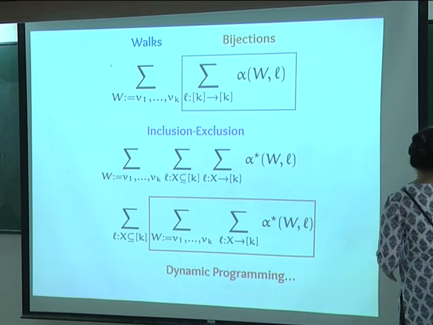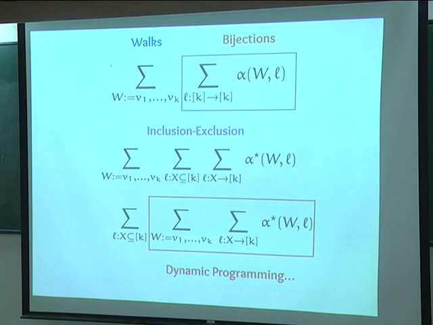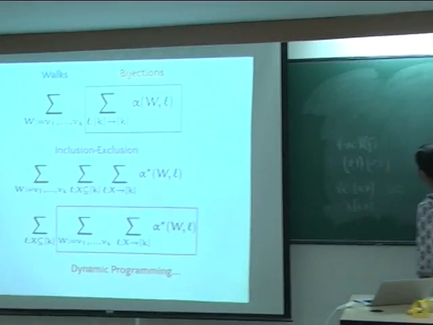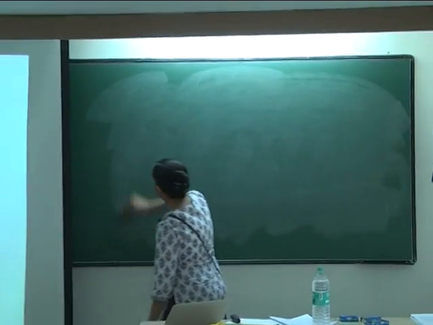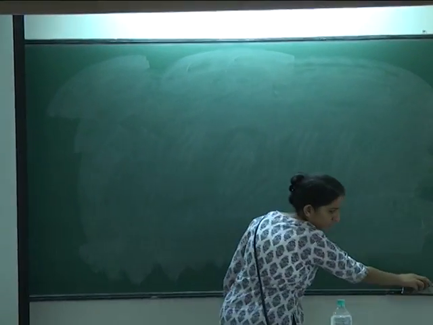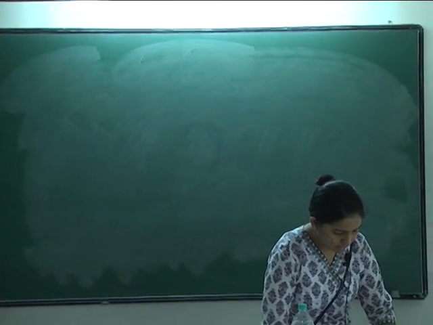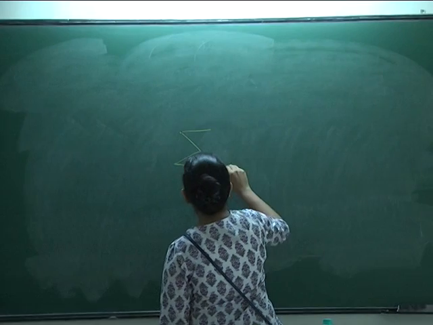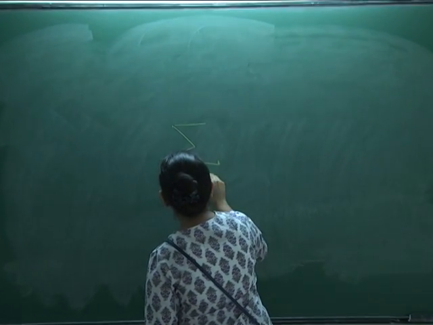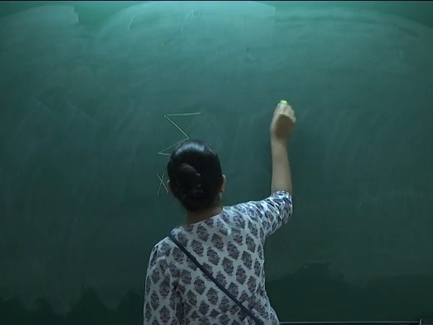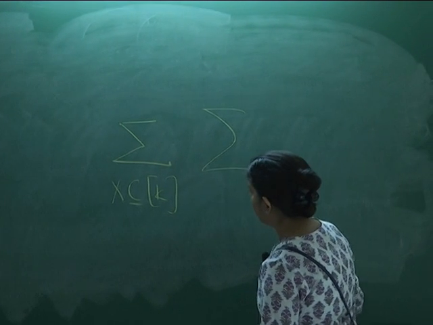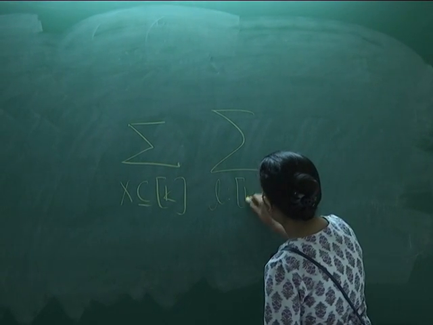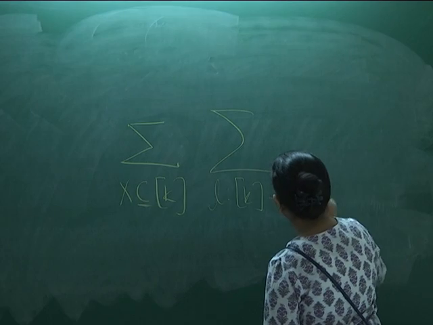Let me put the correct version on the board so that it stays. So you're looking at subsets of K, and your next sum is over functions that map K to this subset.